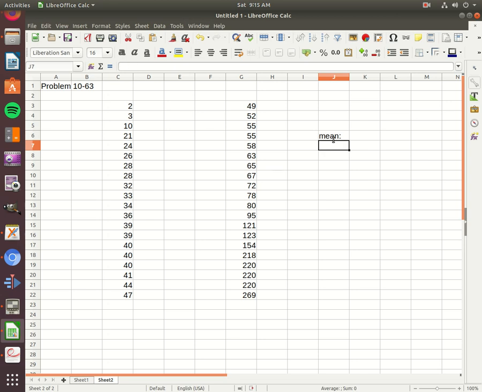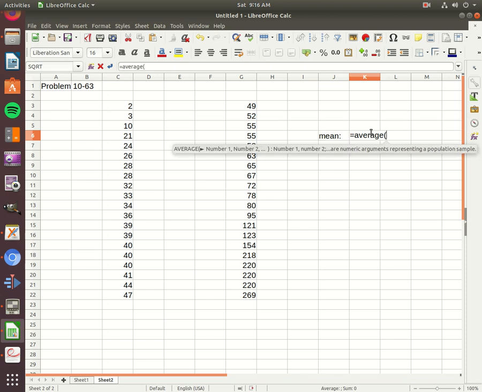I need to have the sum. Do I need the sum? I can't remember. Anyways, let's get the average of these. Let's get the mean. So I'm going to say equal average, and I'm going to use the control key to jump to the next column. Oh, I see it did it over there.